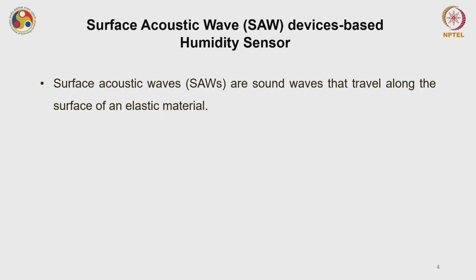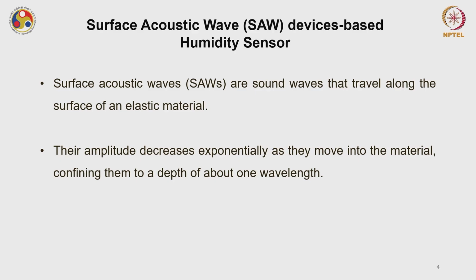Of course, you should also know the temperature of the gas that has entered, before and after the measurement. The first type of gravimetric humidity sensor is a SAW type device. SAW is an abbreviation for surface acoustic wave device. Surface acoustic waves are nothing but sound waves that travel along the surface of an elastic material.